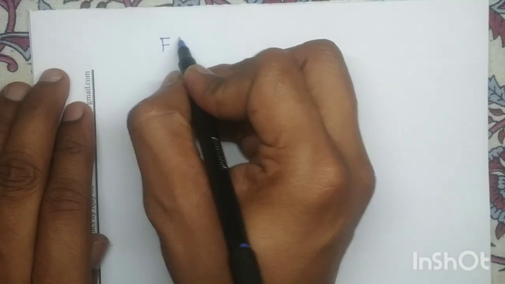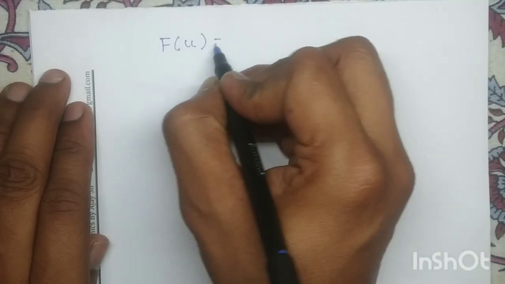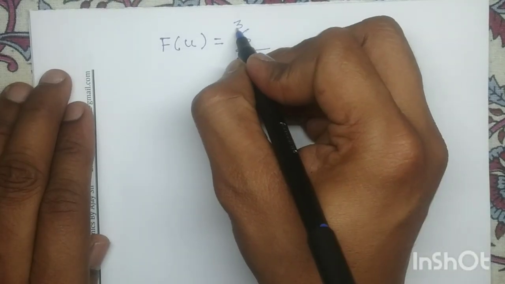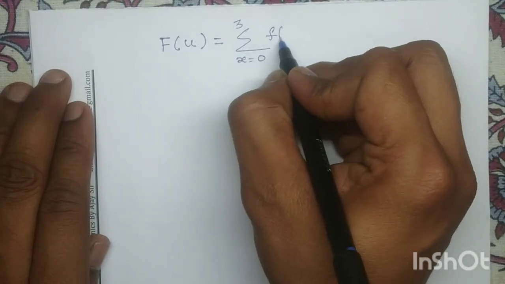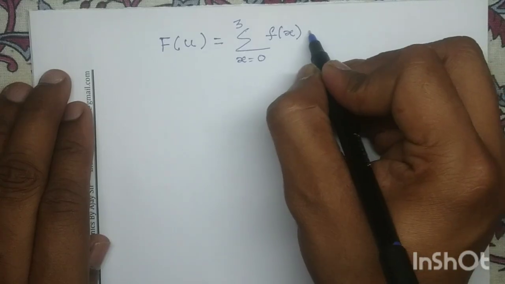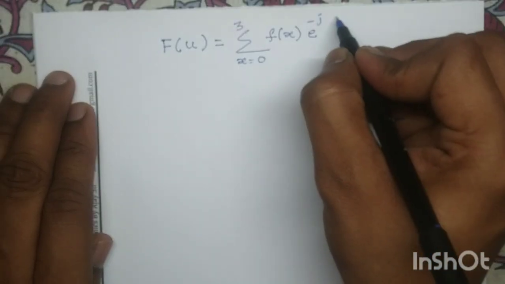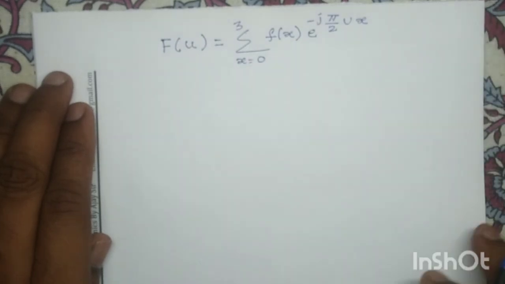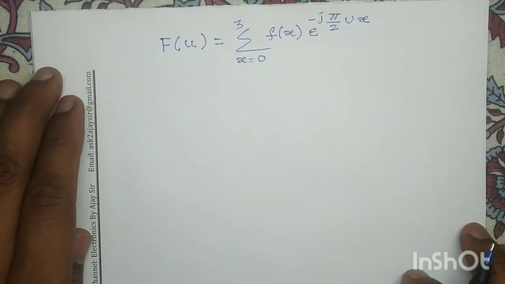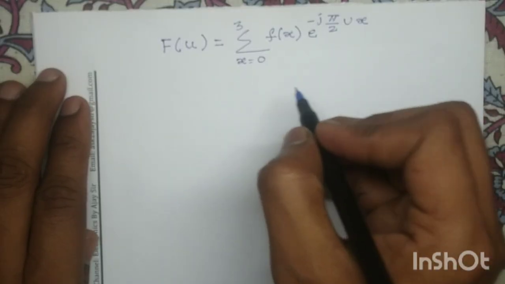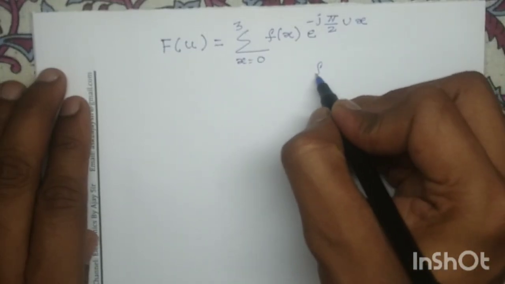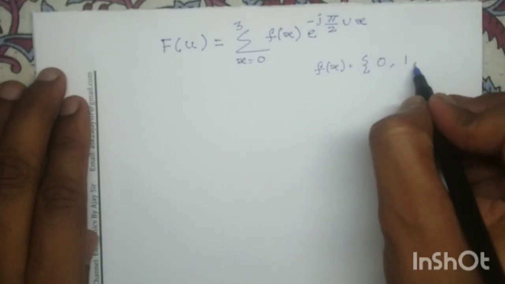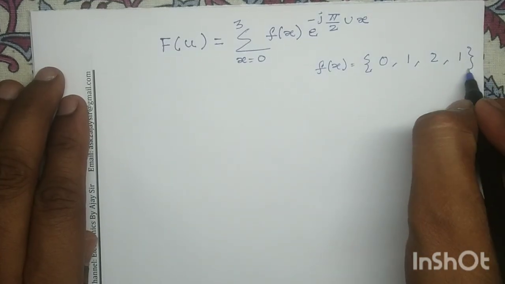The expression of f of u that we obtained is summation x equals 0 to 3 f of x e to the power minus j pi by 2 u into x, and f of x which is given to us is 0, 1, 2, 1.